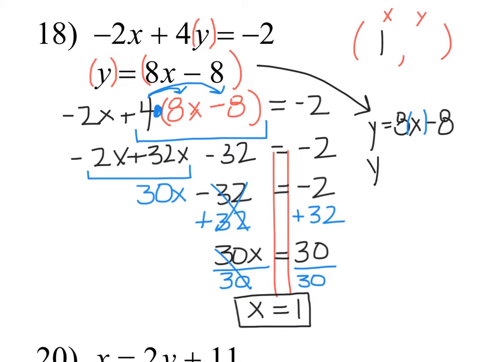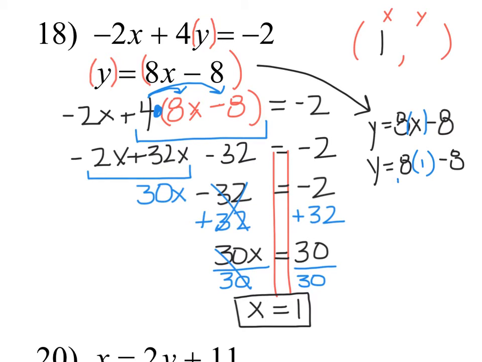So I get y equals 8 times 1 minus 8. Now you might be able to start solving some of these in your mind. You can think to yourself, I have 8 times 1, I have to multiply first. 8 times 1 is 8. Minus 8 is 0. So y is equal to 0.